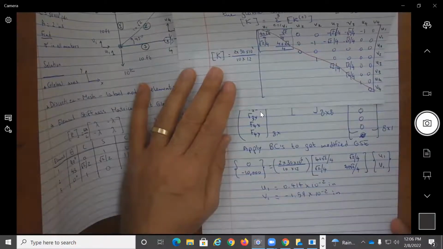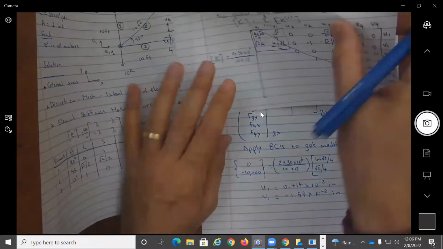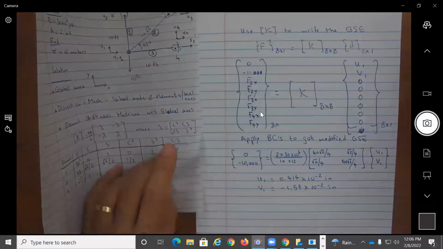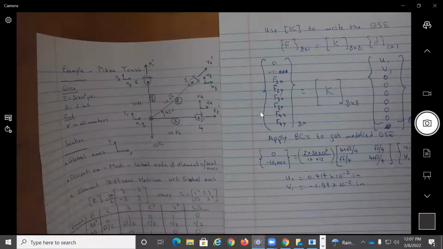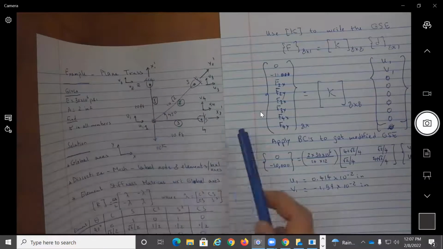Now, we're not just crunching numbers, but we want to make sure our numbers make sense. So if I look at my problem, I have the 10 kip applied downwards. Using my engineering imagination, when this structure deforms, is it going to be moving upwards, downwards, pull to the left, or pull to the right?